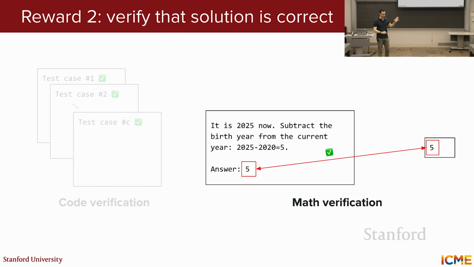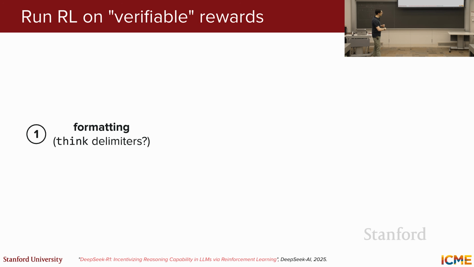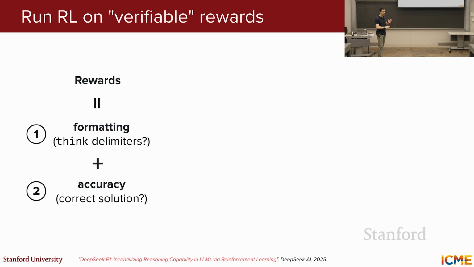So in summary, we will run RL using a reward that is a combination of checking whether the think tokens are here, and that the end result is correct. And we saw that we can do both easily, no need for a model.